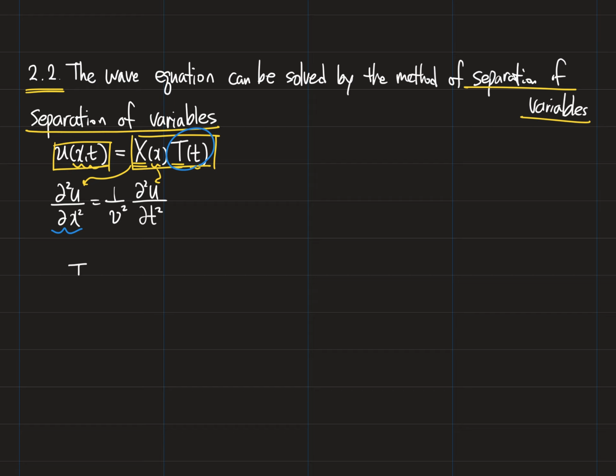Then this gives you T, and now we are not using partial anymore. We are getting back to an ordinary differential equation. So no more partial; now we are going to use d squared X over dx squared, 1 over v squared, and similarly for time.